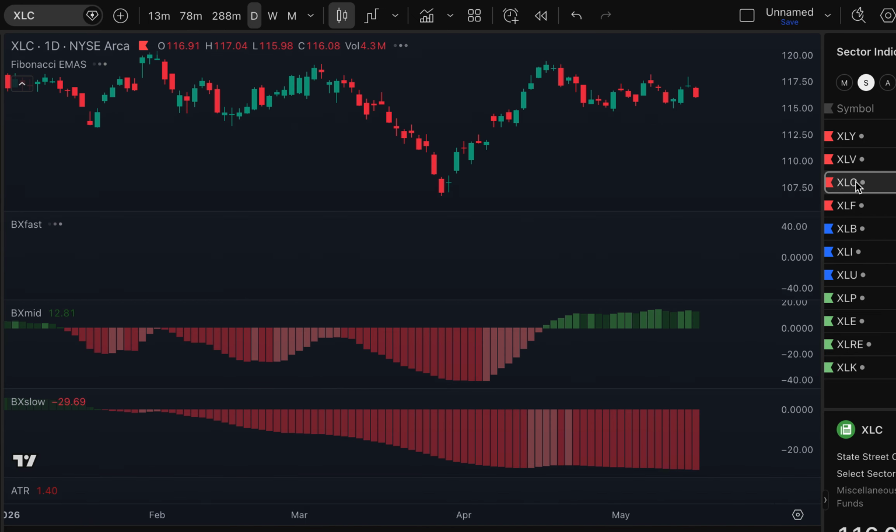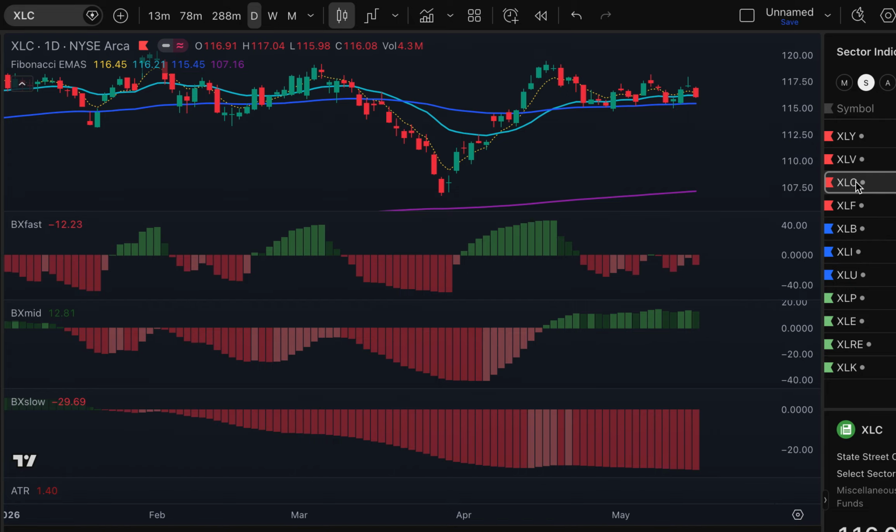Next, XLC, the communications sector. Long-term momentum is red. Midterm has been trying to pick up, but hasn't been able to, kind of flipping back and forth between gaining momentum and fading.